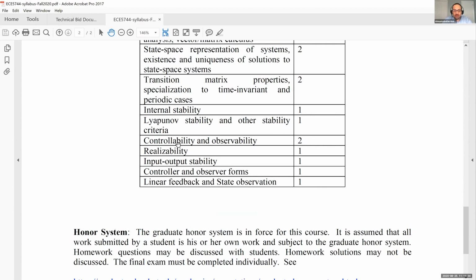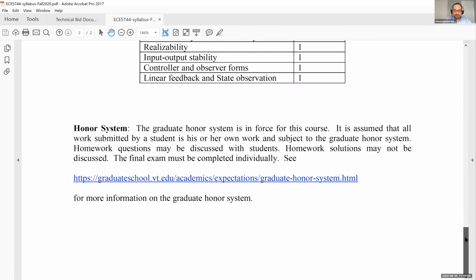Also, we'll cover the controllability and observability concepts for linear systems, realizability, and we'll dig deeper into the stability notion of systems. Then towards the end of the course, we will cover controller and observer forms, and also linear feedback and state observation. Any questions so far?